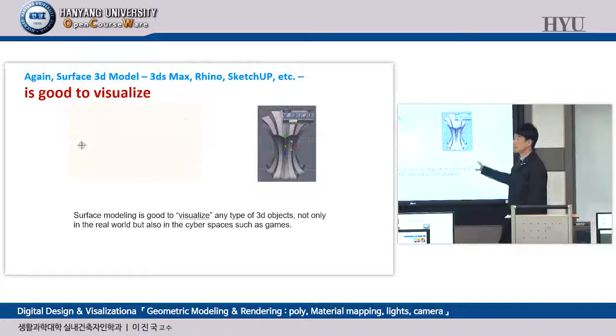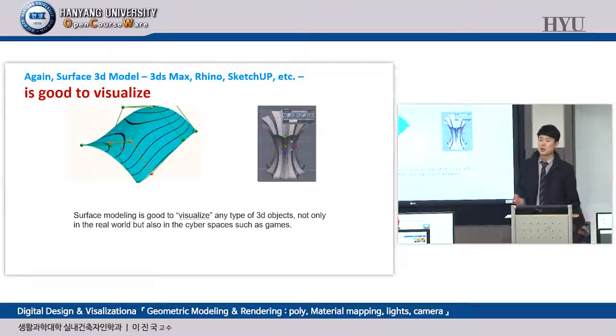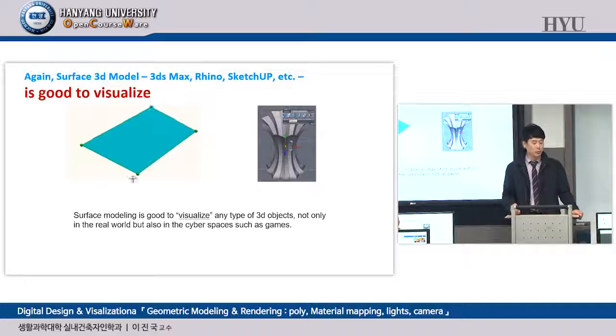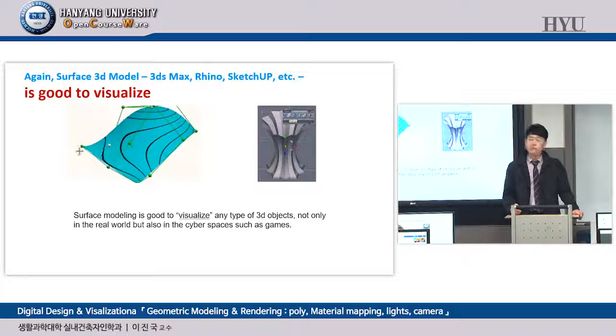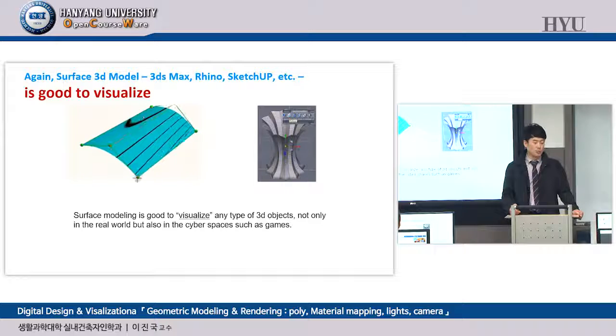Anyway, the topic for the class this semester is visualization. That's why we are dealing with surface-based 3D models. But later on, we're going to deal with some examples in the BIM tool, Revit. So you need to figure out the main difference between those different types of applications.